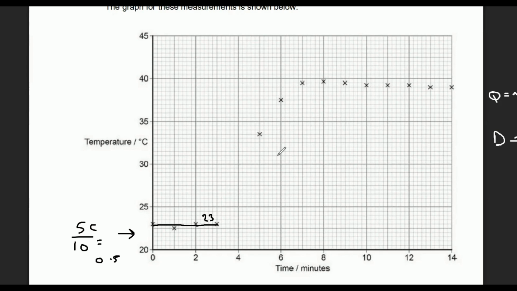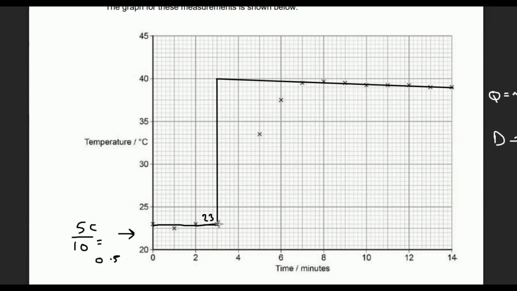Remember, they will judge your answer on what you do. So then they've taken a whole bunch of other readings every minute, and we've got a steady pattern. So I'm going to follow that pattern and draw a line of best fit like this. Bit crusty, isn't it? Follow that back to the point of extrapolation. About 40, it looks like. Draw that down.